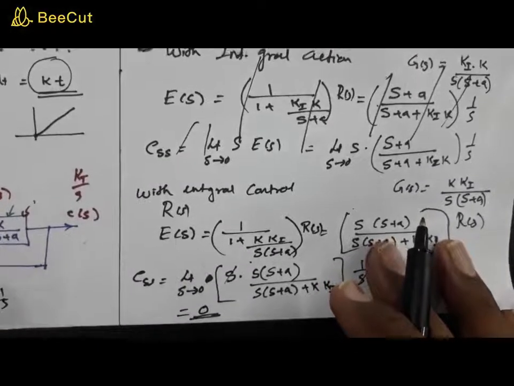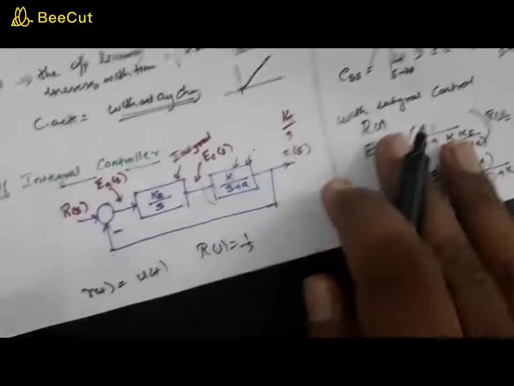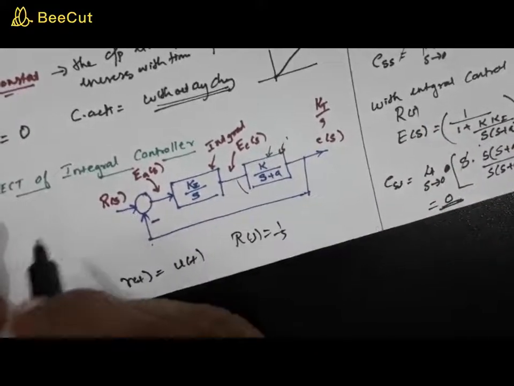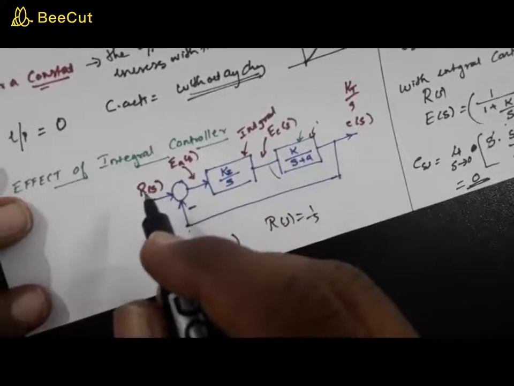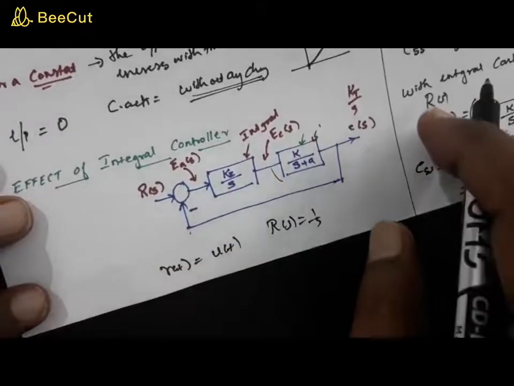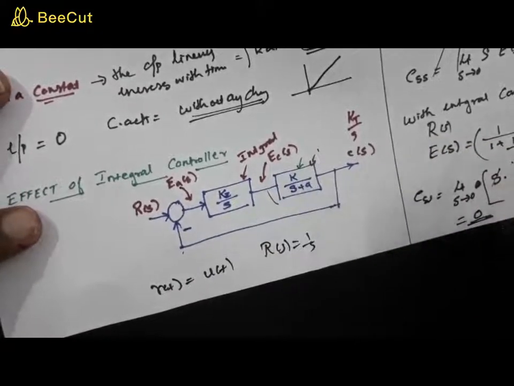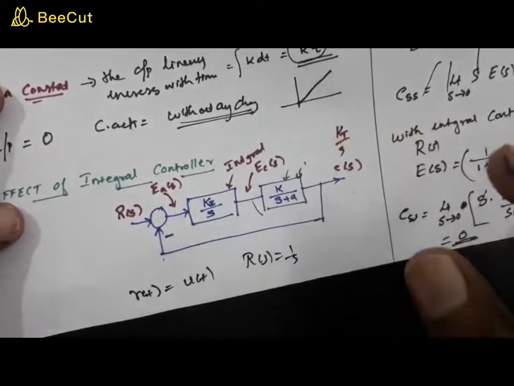This is one of the impacts of integral action. So what we can conclude is that if the plant transfer function has a steady state error due to a step input, then that can be made 0 when you add an integral controller along with that plant.